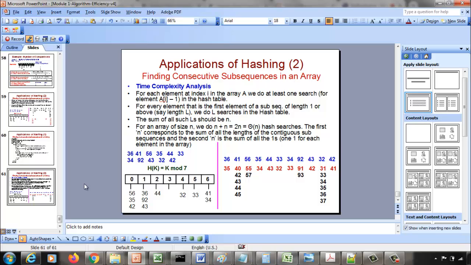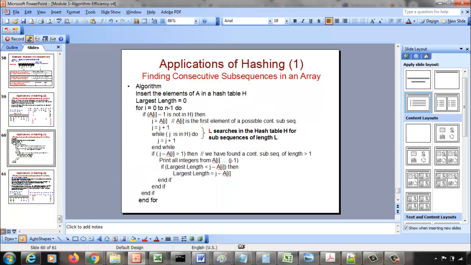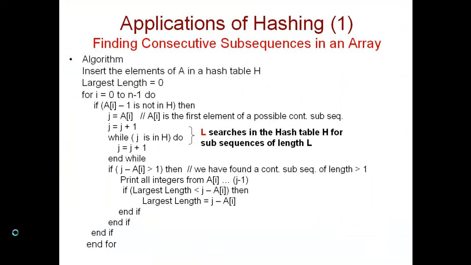Okay. So let us do the time complexity analysis. If you look at the pseudocode, the basic operation that we do repeatedly is we need to check if some element is in the hash table or not, a of i minus 1. Again, we need to check if j is in the hash table.